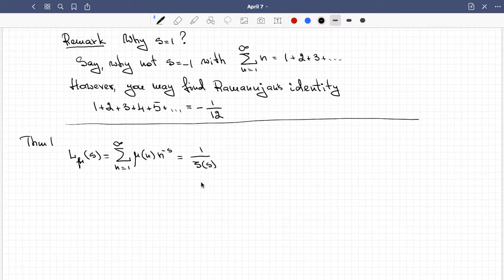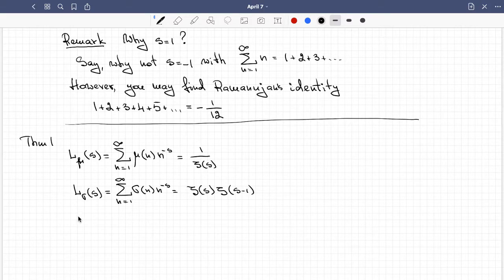Take sigma. L sigma of s, by definition, is the sum from 1 to infinity of sigma of n times n to the negative s, and the theorem claims this is nothing but zeta of s times zeta of s minus 1.